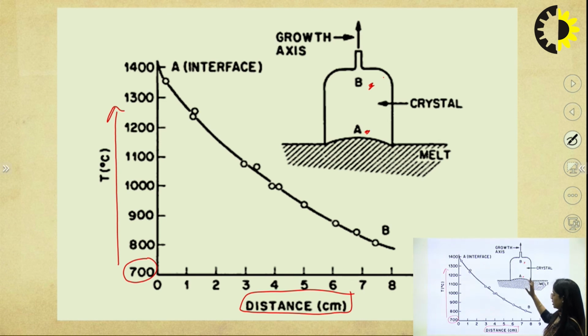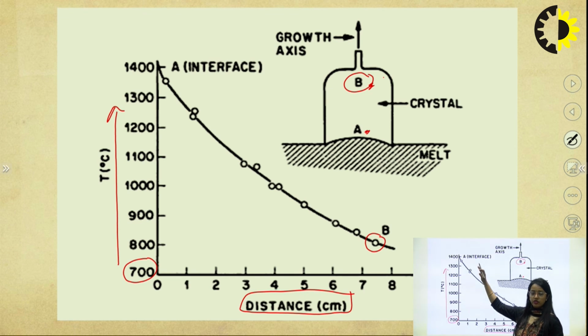At the start, we cannot begin from 0 and go directly to 1200. So we gradually came up to 100, 200, 500, 700. When we reached 700 degrees Celsius, there was a start of formation of seed, and as we increase the temperature, we get a uniform crystal.